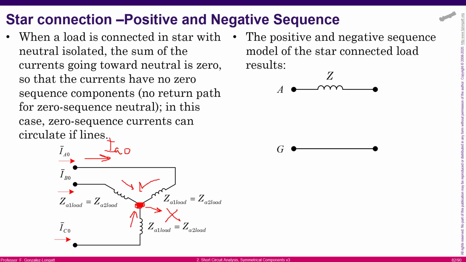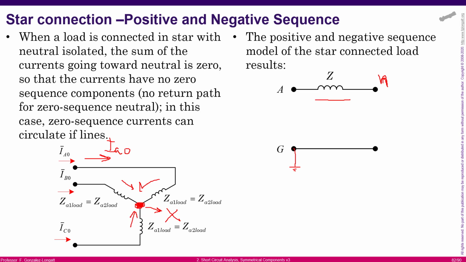How do we create the model? Well, very simple. In the model, in the lines, we will have an open circuit going from the line to the ground. Okay, this is the grounding point. You can imagine this is the neutral point, and there is no connection between the neutral point and ground.